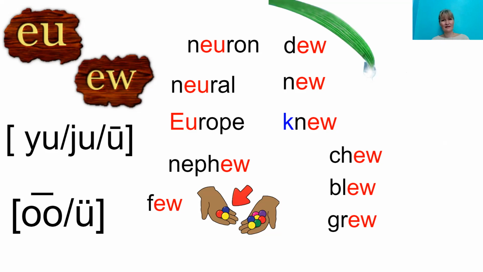So in American, again, it's more often new and new, chew, blue, grew. So it's a longer OO. And just a few words actually have U sound, right? Like few or nephew. Чаще EW читается как U в американском варианте. U. Очень не так много слов, которые именно U выдают звук.